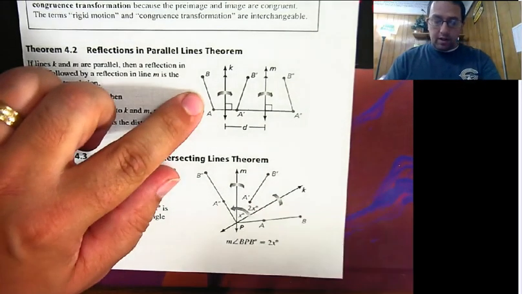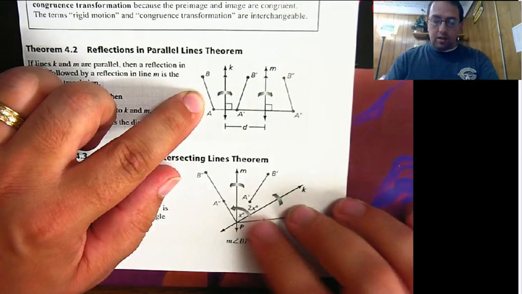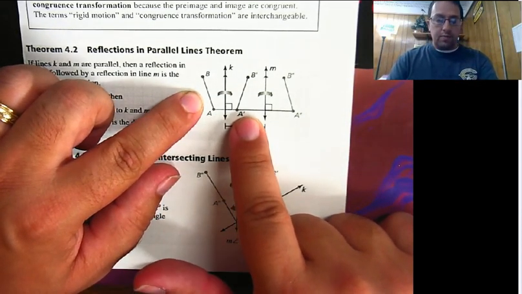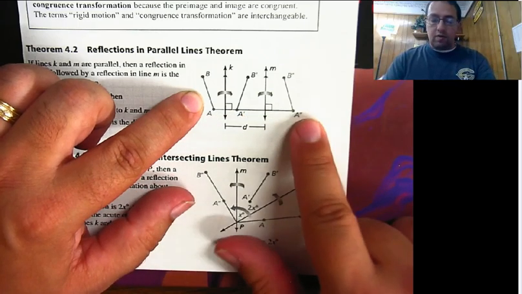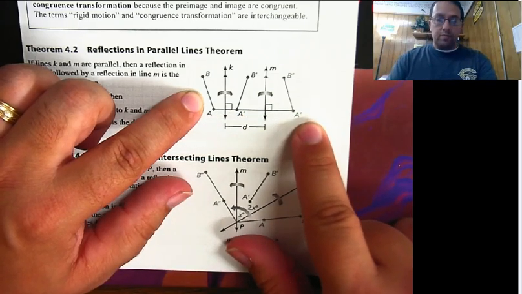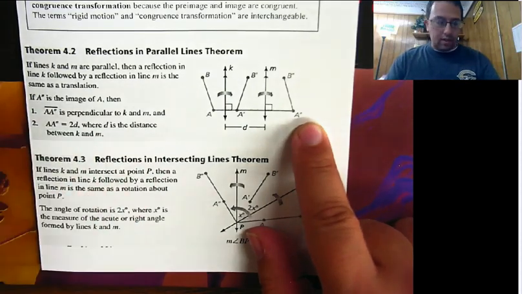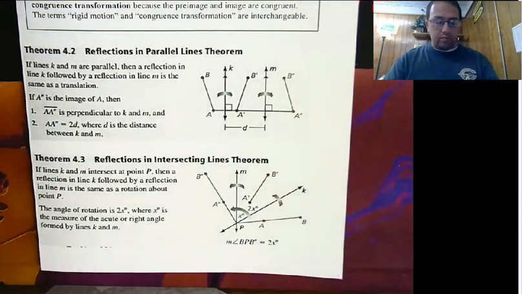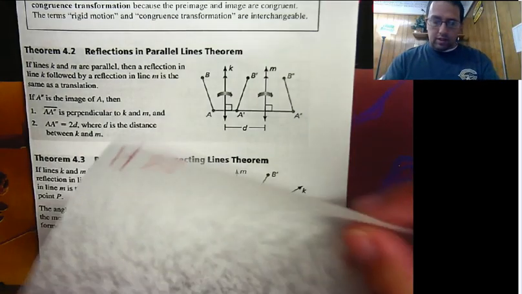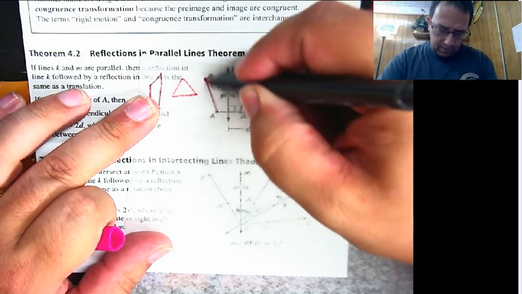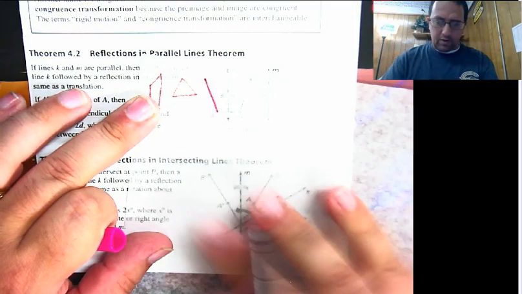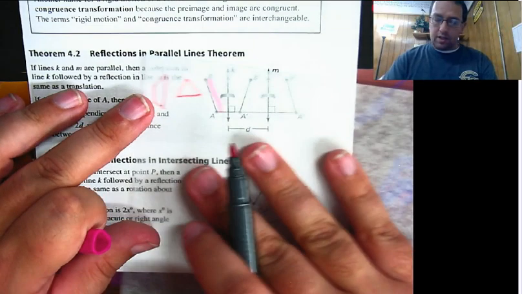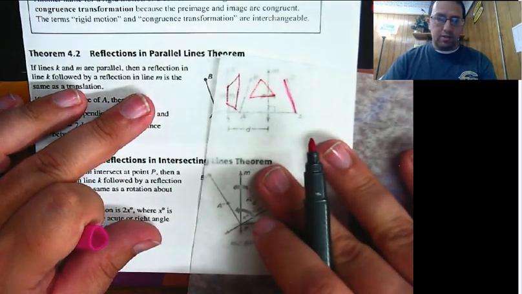So we have segment AB is reflected over line K to A prime B prime, and then reflected again over line M to A prime prime B prime prime. And we notice that's the same thing as if I just took segment AB and moved it straight over with a slide. There we go. And so it's the same thing as if I took it and just slid it over.